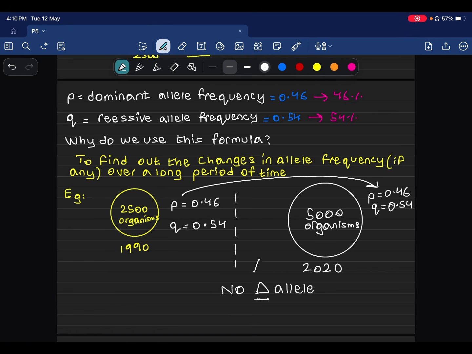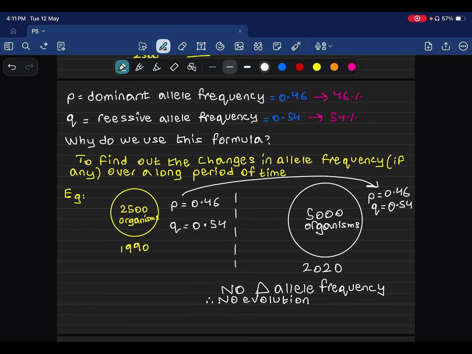This triangle refers to change, if you've learned this in physics. So there is no change in the allele frequency. What does this tell us? It tells us that no evolution has taken place. What was a synonym for the word evolution? You learned this in selection and evolution.